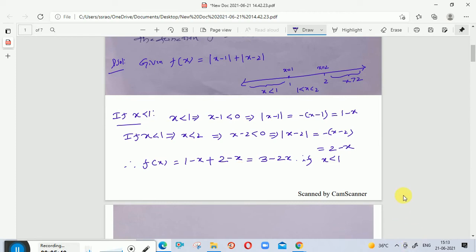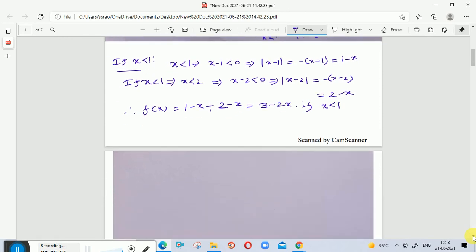Now at x is equal to 1. f of 1 is equal to 1 minus 1 plus 1 minus 2.